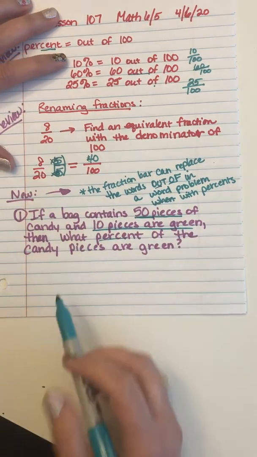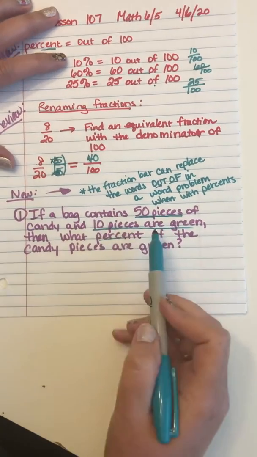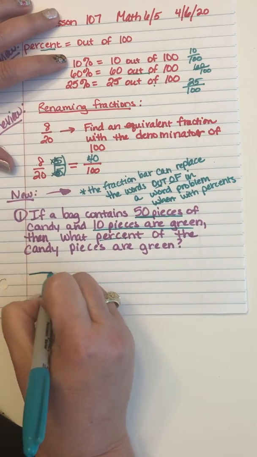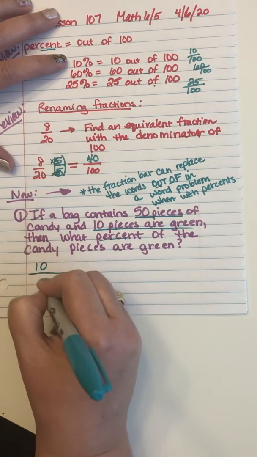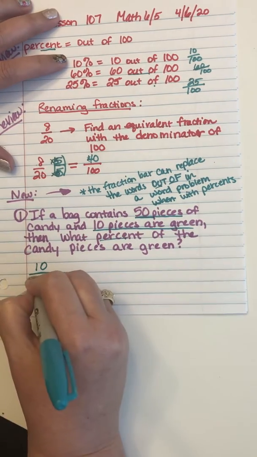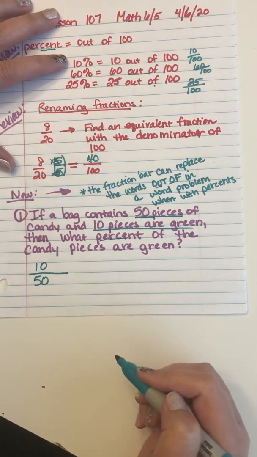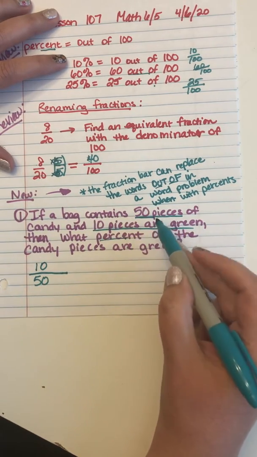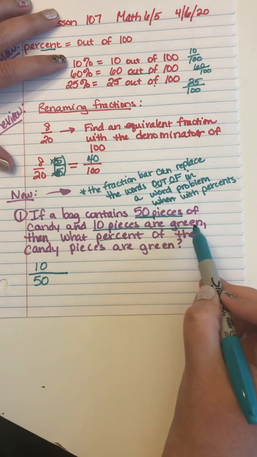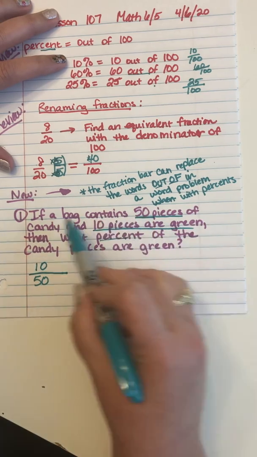So I can make a fraction: 10 pieces out of my 50 pieces are green. I got that info from the words in the word problem. 10 pieces are green out of a total of 50 in the bag.